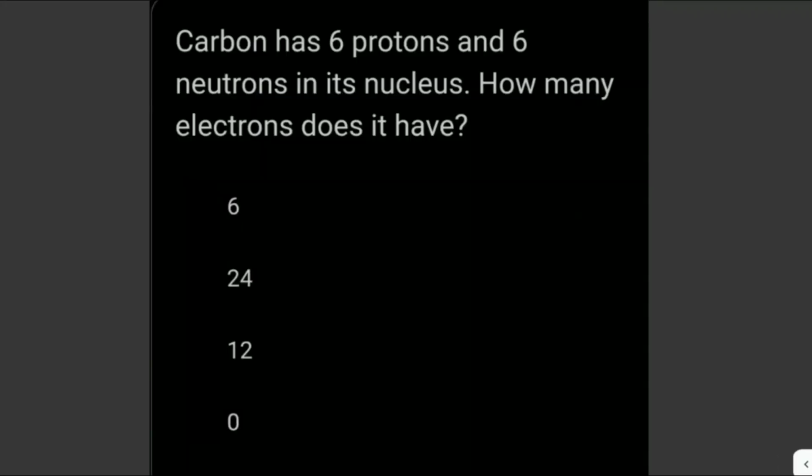Carbon has 6 protons and 6 neutrons in its nucleus. How many electrons does it have? So elements will typically carry an equal number of electrons and protons. Therefore, it also has 6 electrons.